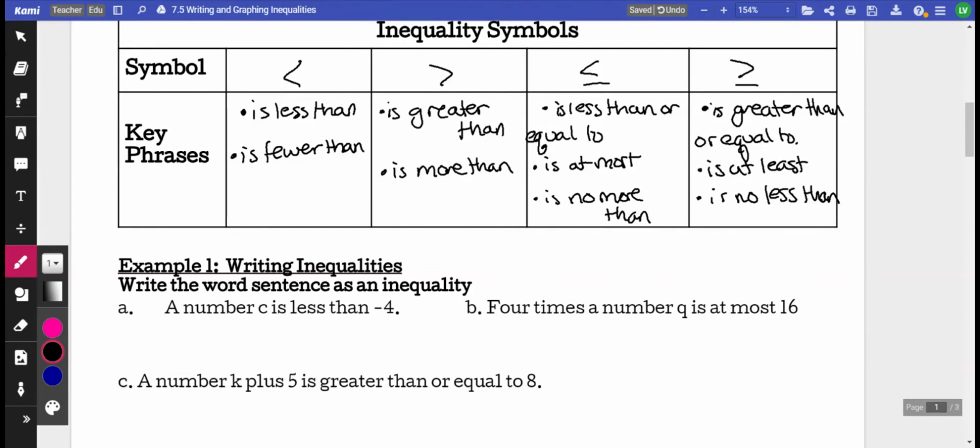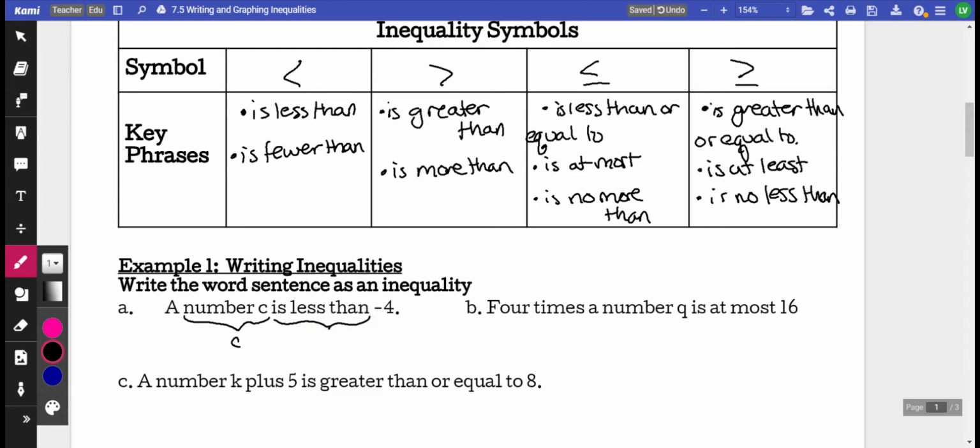So let's try example 1, writing inequalities. The directions state to write a word sentence as an inequality. Number 1, a number C is less than -4. So I'm going to break this down. A number C, okay, that's C, is less than.